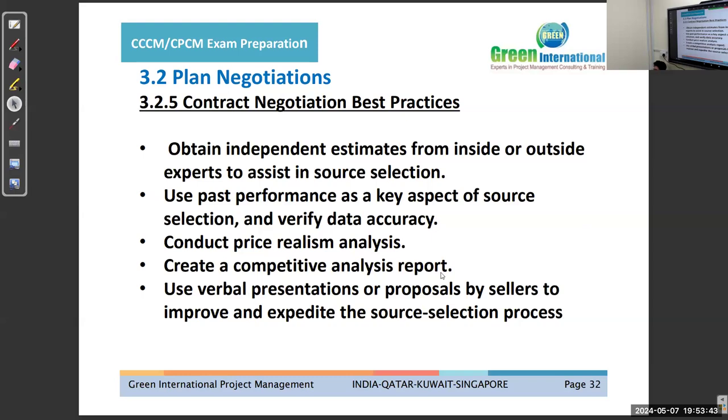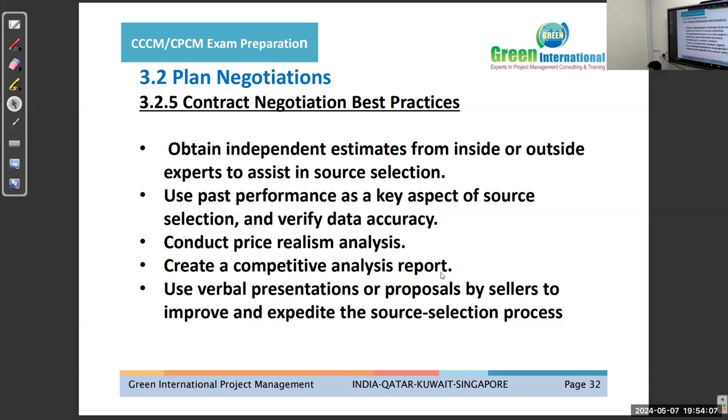Obtain independent estimates from inside or outside experts to assist in source selection. You might ask some subject matter experts within your company, or even outside the company or a sister company, someone who is engaged with you, maybe even your friend who is working in the same profession or who has better experience in contracts or in negotiation.